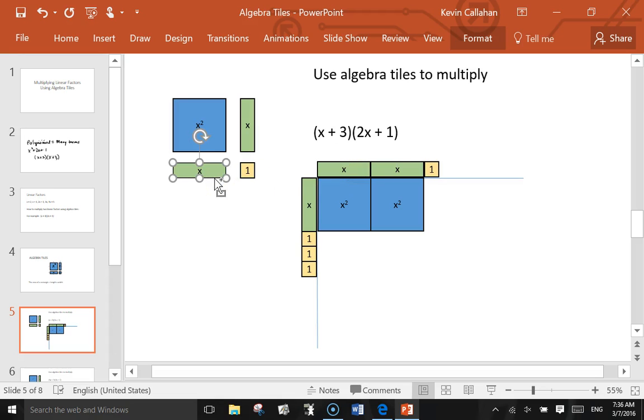Control C, Control V. So I'm just filling this in. Need 1, Control C, Control V, 2, Control C, Control V. It might be easier if we actually had tiles, to tell you the truth, but we don't. So I need 2 more there. I need to do that one more time.